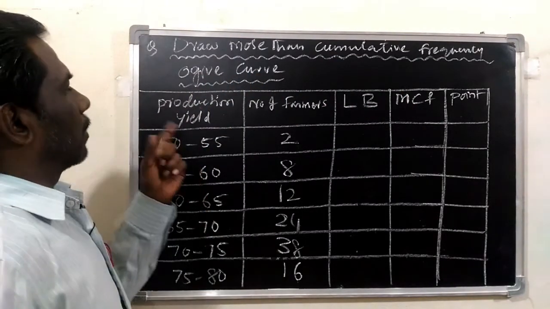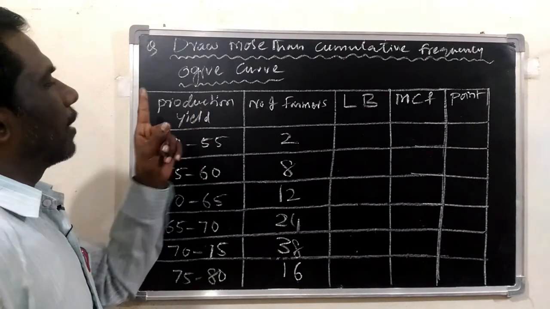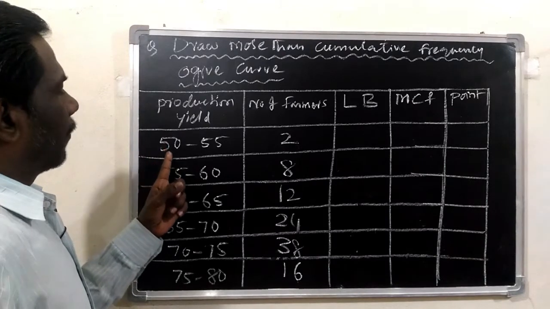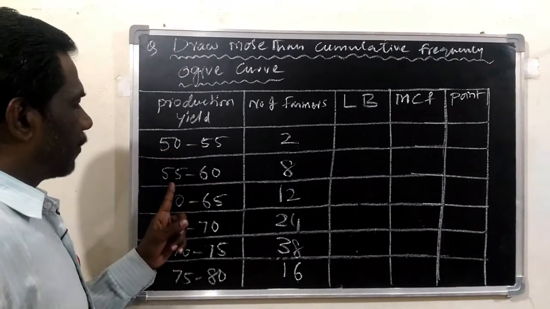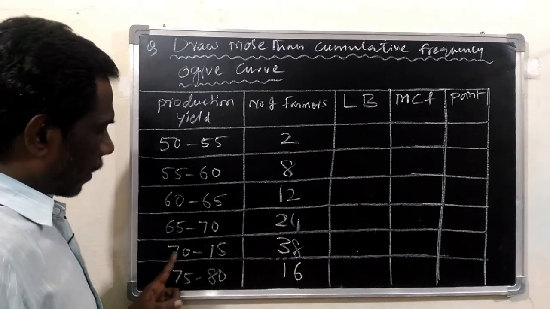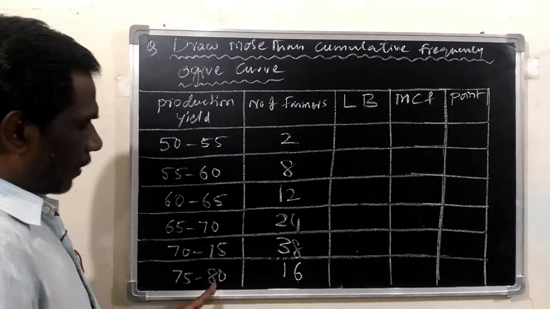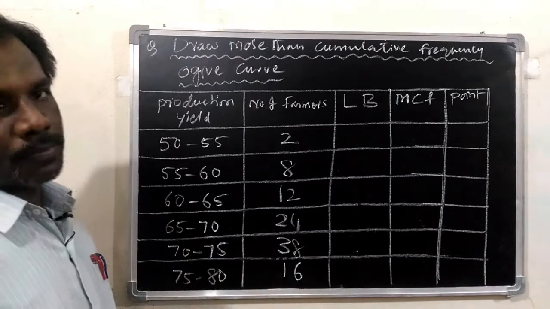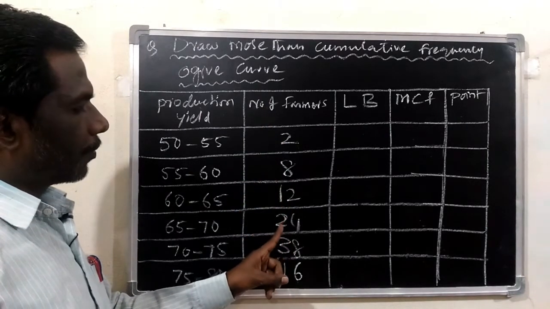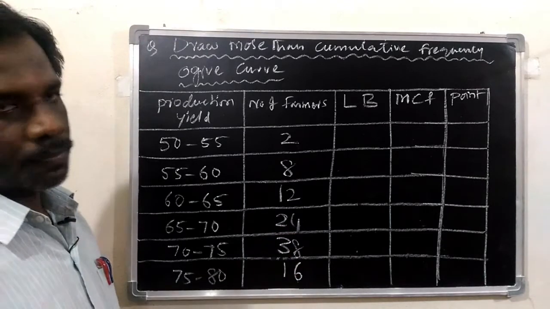In the question, the production yield and number of farmers are given. The production yield is 50 to 55, 55 to 60, 60 to 65, 65 to 70, 70 to 75, 75 to 80. And the number of farmers is 2, 8, 12, 24, 38, 60.